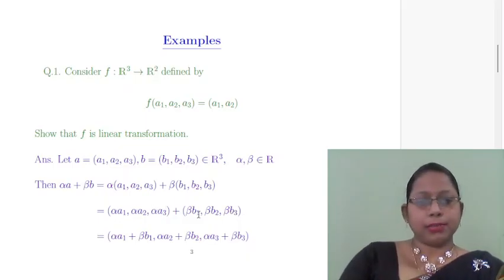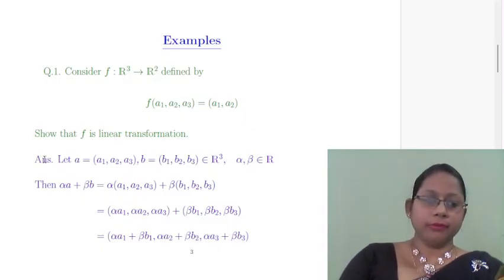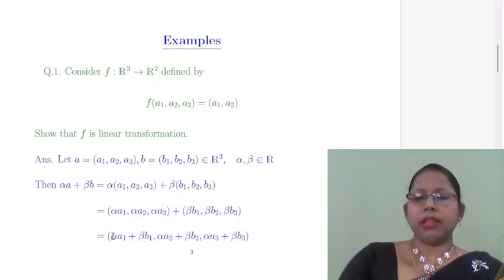Then add this pairwise, we will get (alpha a1 plus beta b1, alpha a2 plus beta b2, alpha a3 plus beta b3).